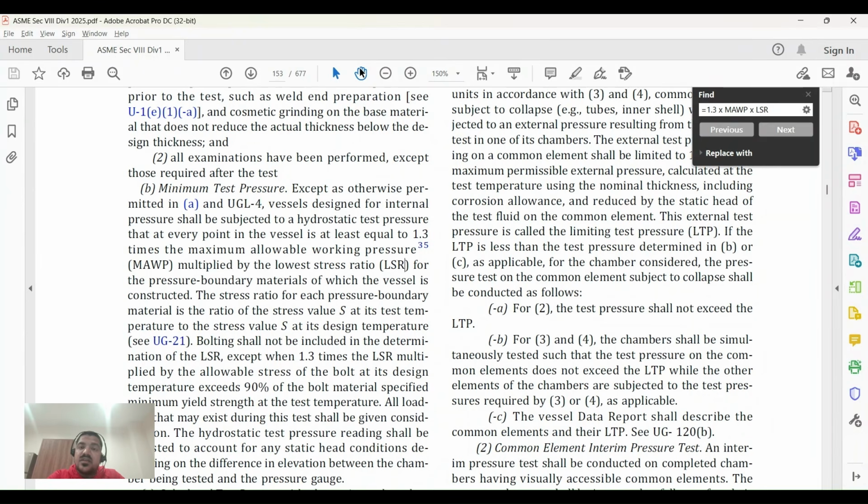If the material is at 300 degree centigrade temperature, you are not going to have the same minimum specified yield strength of the material.